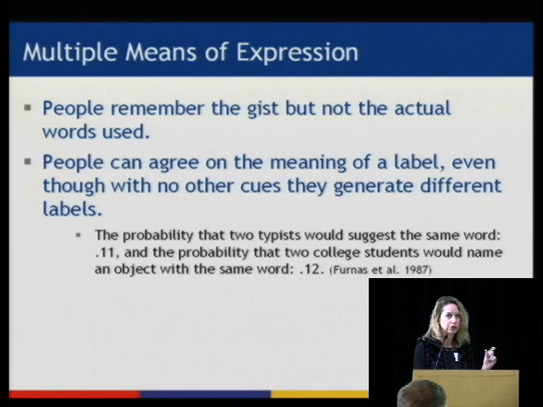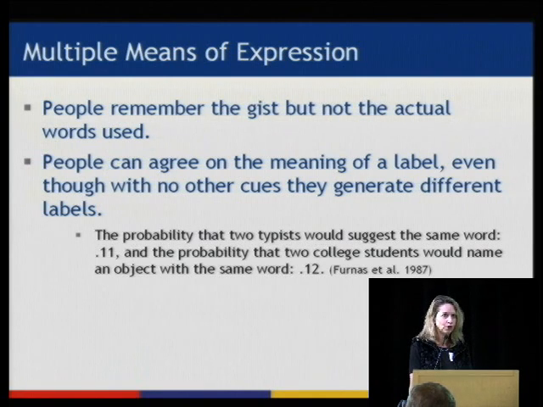And you get very little uniformity in the choices of words people use. Here we have 0.11 and 0.12 overlap across all of the participants in these studies. But if you actually pick the most common word that was chosen for each category and then show it to people, the recognition is very high. So these things are not symmetric. The generation versus the recognition, it's not a symmetric phenomenon. And we can exploit that in search interfaces.